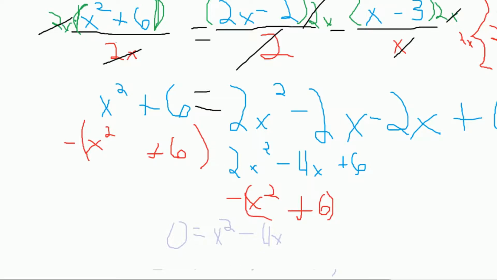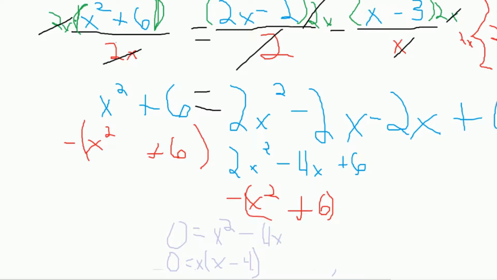After all of this, what we need to do is factor this, giving us the factored form x times (x minus 4).